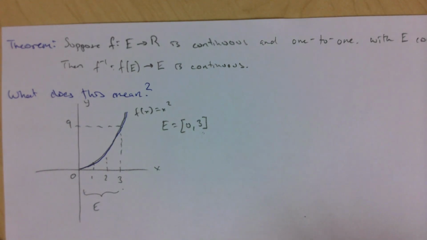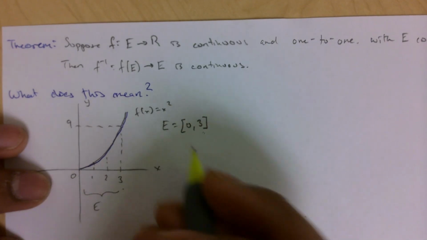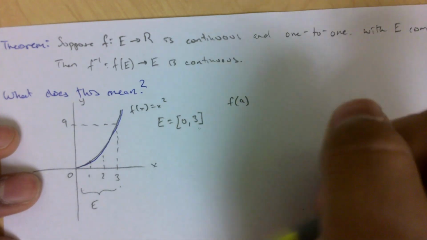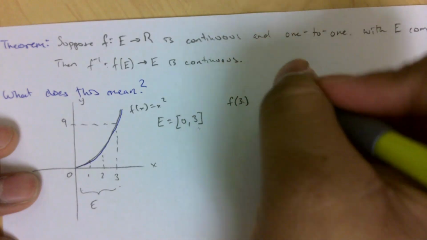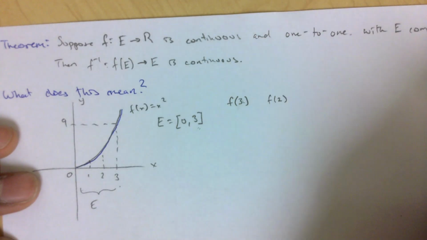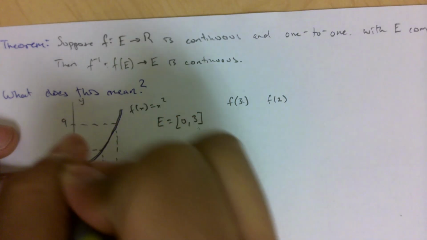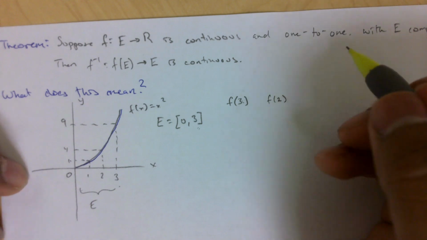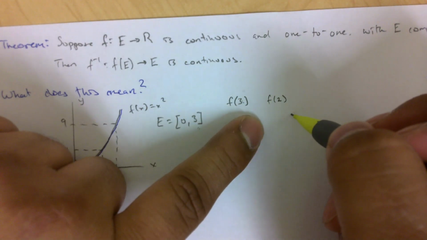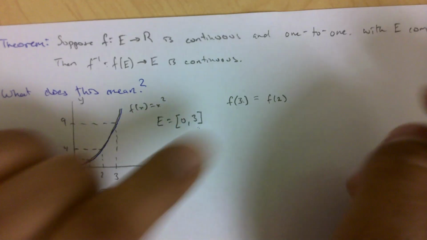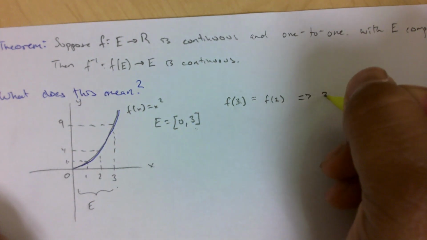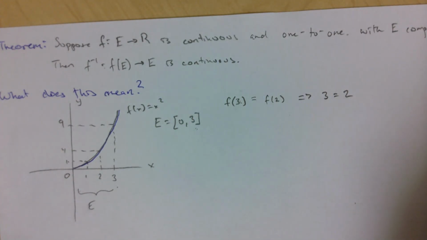And we know it's 1 to 1, because say I choose f of 3 and f of 2. It says that if these two are the same, so if f of 3 equals f of 2, then 3 must equal 2, which is not true.